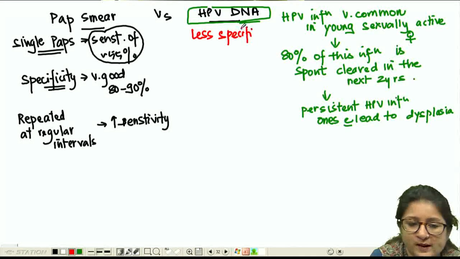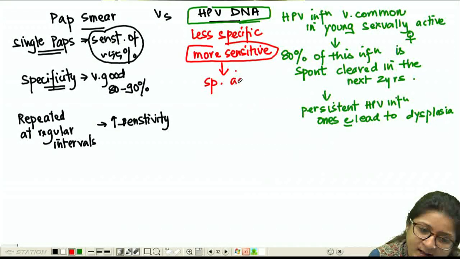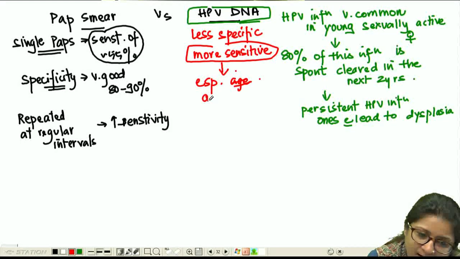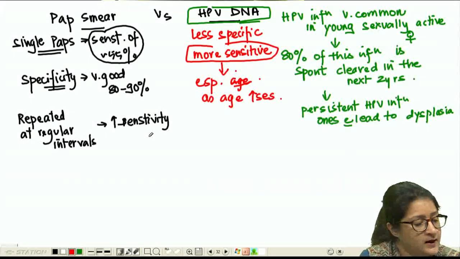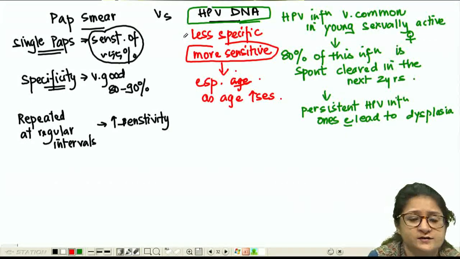specific as compared to pap smear, but it is more sensitive, and the sensitivity increases with age, all right? So we realize what the points of difference are.